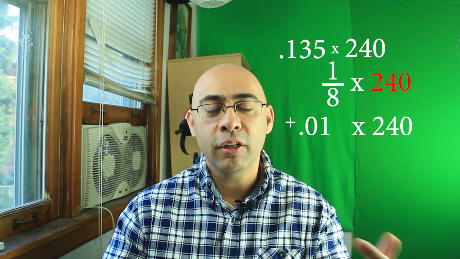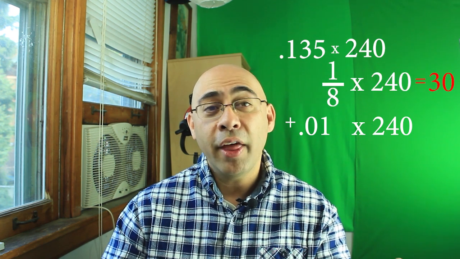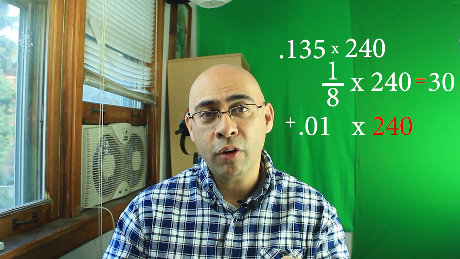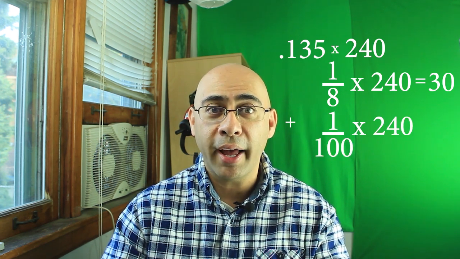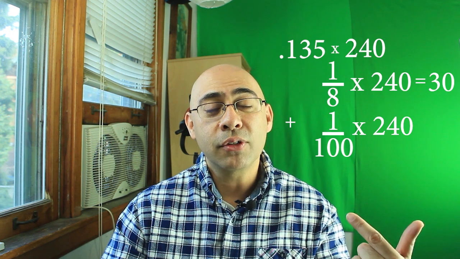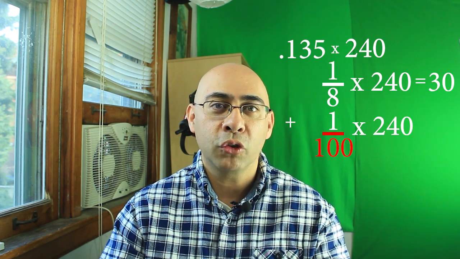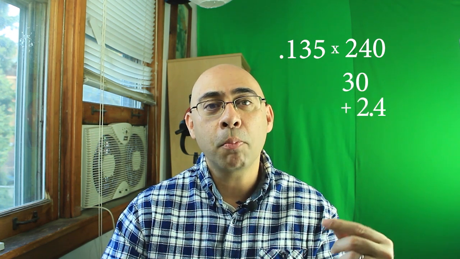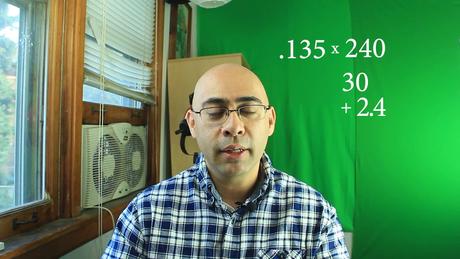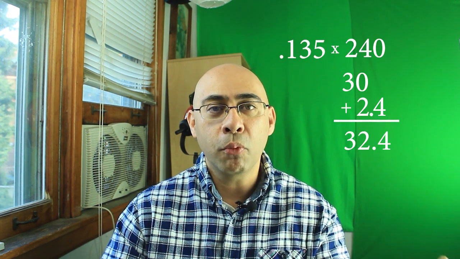So 240 divided by 8 is 30, and then you multiply the 240 by 0.01, which is pretty simple also. That just means to divide by 100. And 240 divided by 100 is just 2.4. So you have 30 and 2.4, which means 0.135 times 240 is 32.4.